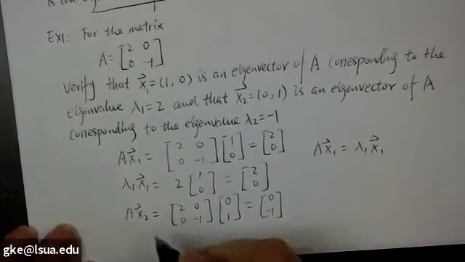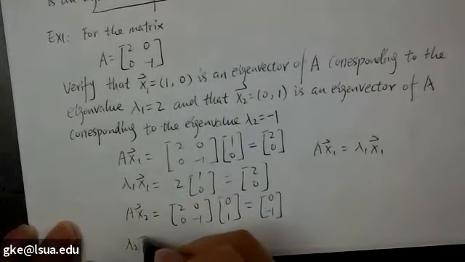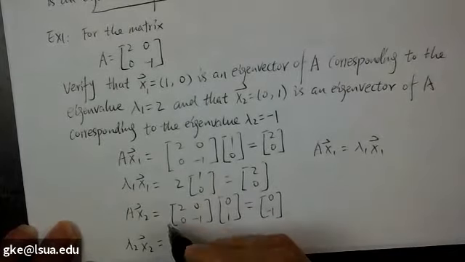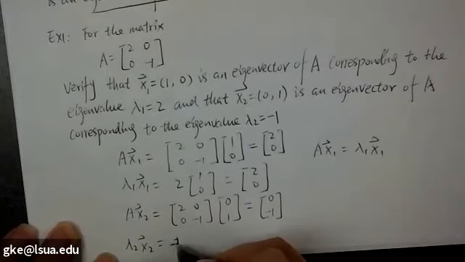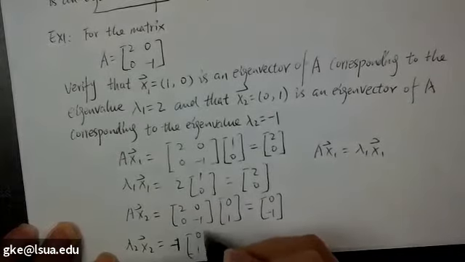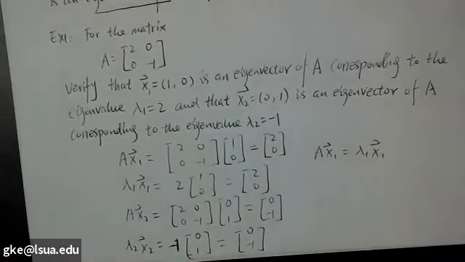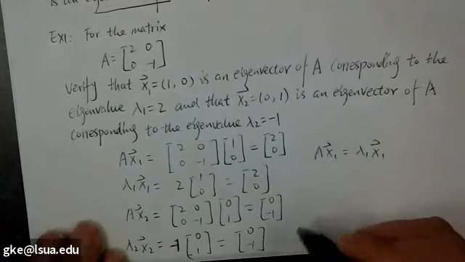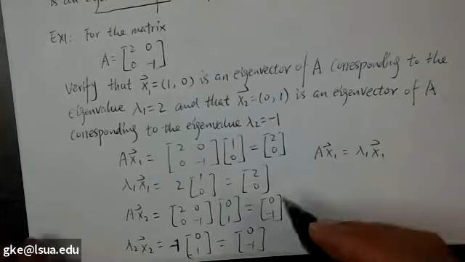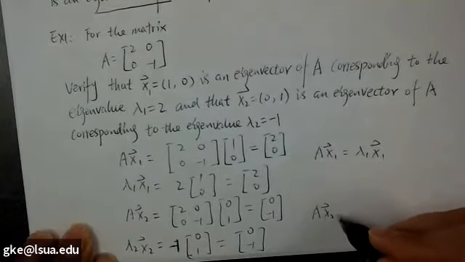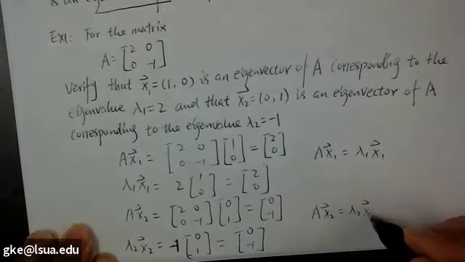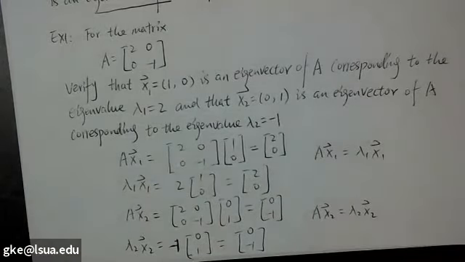Of course you can calculate lambda 2 times x2. Lambda 2 is -1, and -1 times x2, (0, 1), gives you (0, -1). That's it. So we just verified that A x2 equals lambda 2 x2. That's the definition.